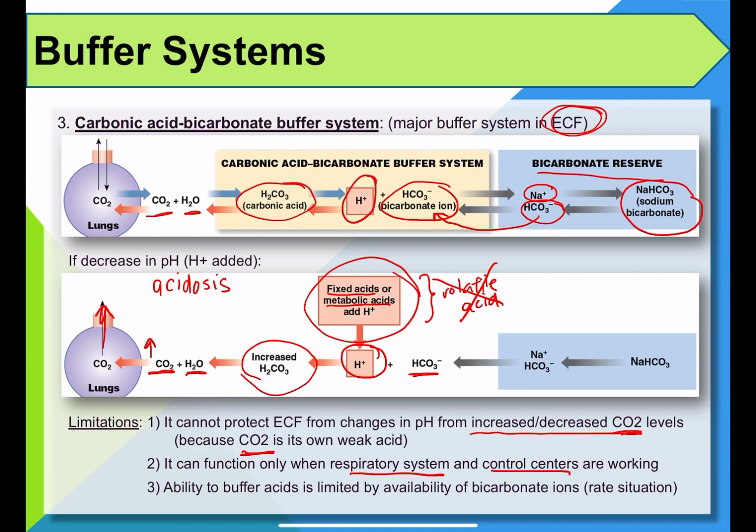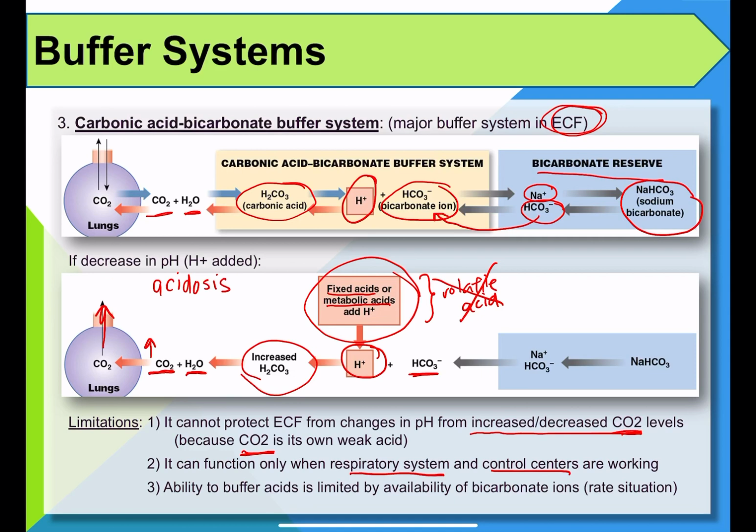This whole system fails if your lungs don't function correctly. Or let's say a person has some kind of brain injury that it can no longer control your diaphragm. If you can't control your diaphragm, you can't inhale and exhale correctly, and hence the same thing happens. CO2 cannot get rid of through your lungs.